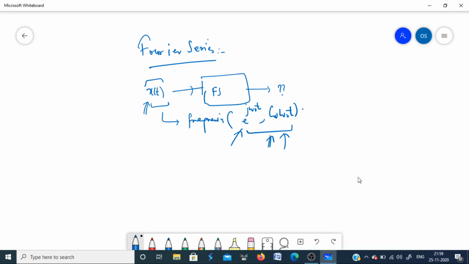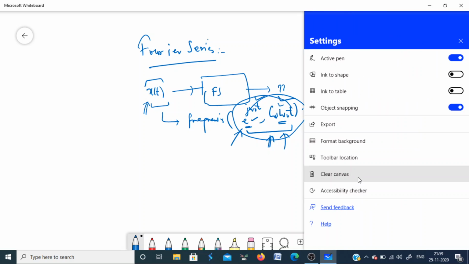So these two signals, in that case, become the basis functions, or we call them the building blocks, because any signal x(t) can be decomposed in the form of cos and sin omega naught t or e raised to power j omega naught t. So these two signals become the fundamental signals. That is why when you start with the theory of signals and systems, we always concentrate mainly on these two signals.